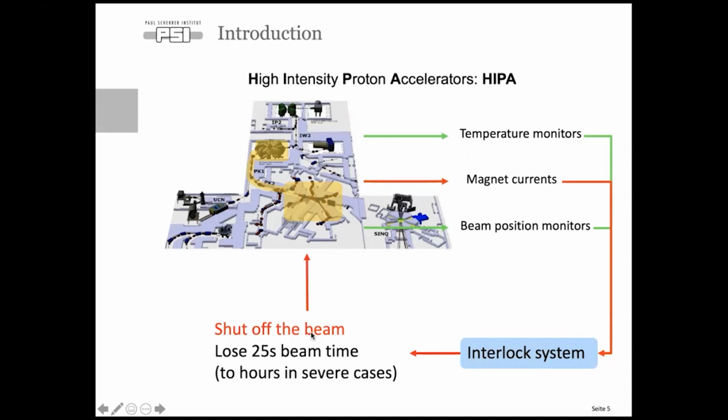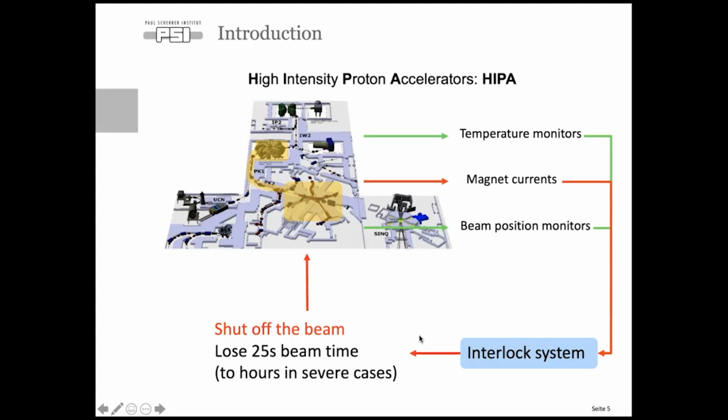This process of shutting off the beam and then ramping up would cause about 25 seconds of beam time loss. And in the case of a severe problem, maybe some parts are broken, then this time would even be hours. So the beam time is the most important thing for our users in those experimental regions.